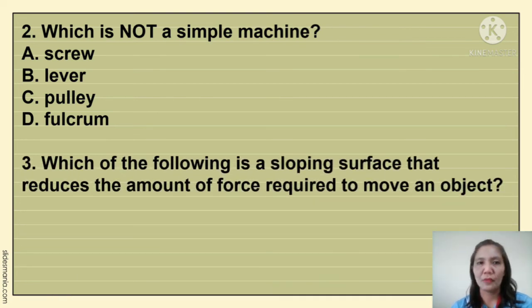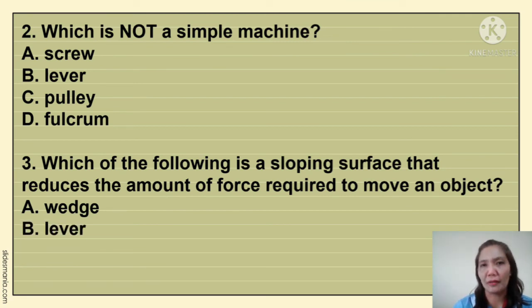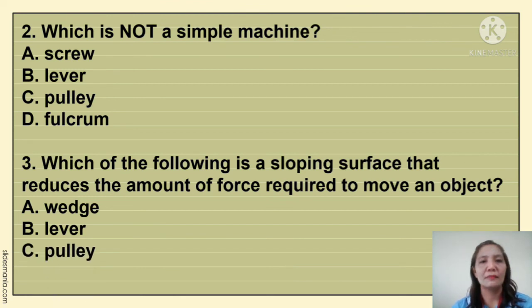Which of the following is a sloping surface that reduces the amount of force required to move an object? Letter A, wedge. Letter B, lever. Letter C, pulley. And letter D, inclined plane.